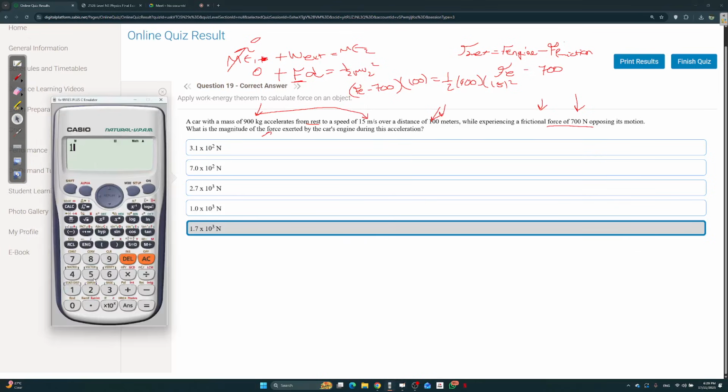So you're going to get 15 squared times 900 divided by 2 divided by 100 plus 700, and you get 1712.5, which in scientific notation is 1.7 times 10 to the power of 3 newtons.